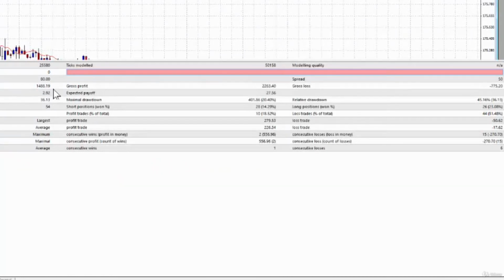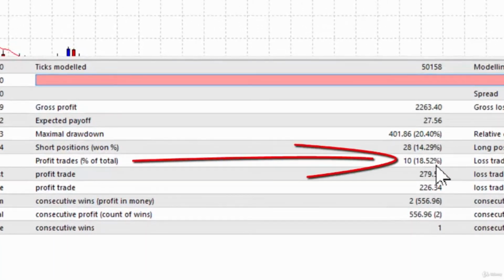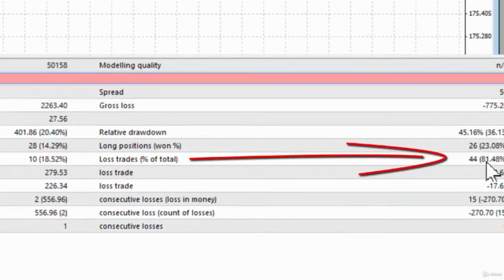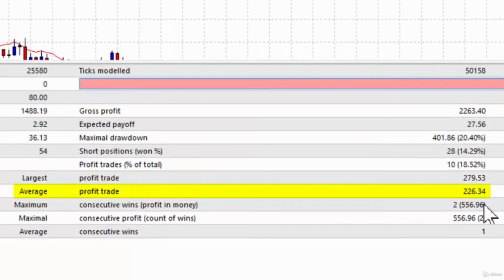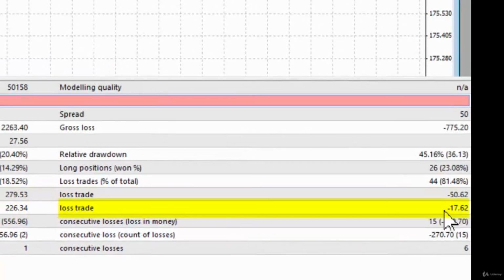These statistics say that the overall number of profitable trades is only 20%. So only 20% of trades are profitable, and 80% are losses. But where the difference comes in is that the average winning trade is 226 pips, and the average losing trade is only 17 pips.